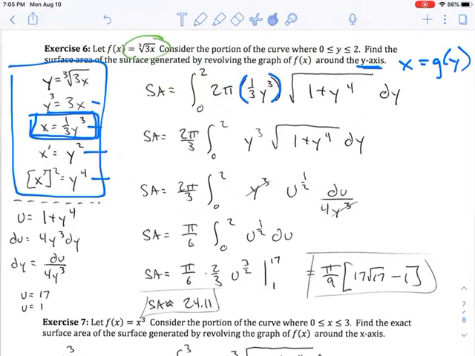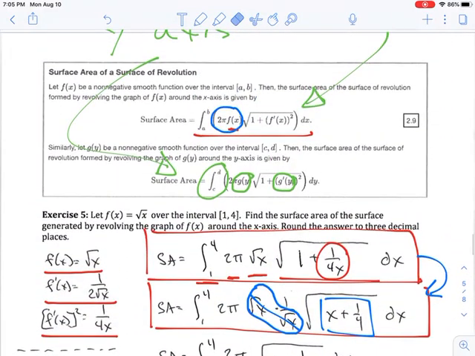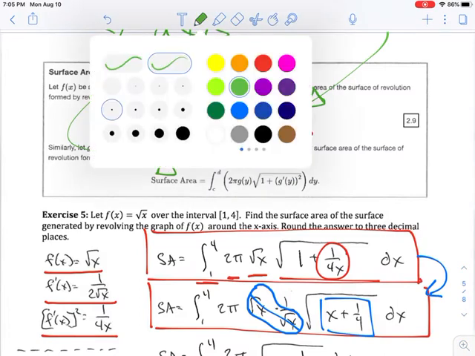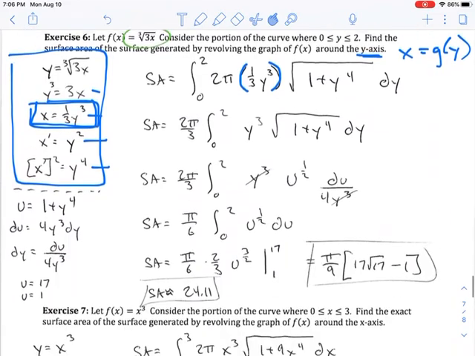Because the formula says that if we're doing it over the y-axis, this has to be g of y, and that's g of y. All right, so just to remind you of that.